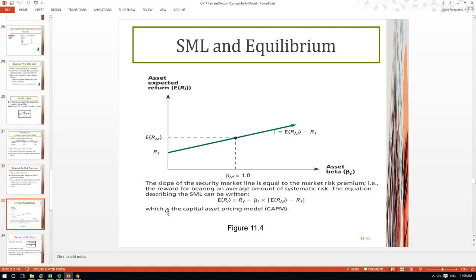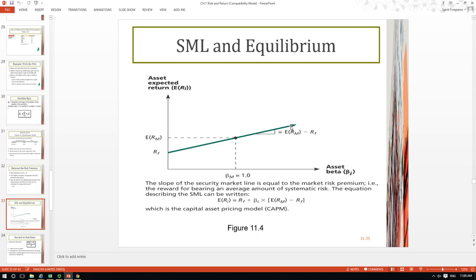All securities are fairly priced, and the risk-return trade-off should all stay on this security market line. Right? So if the risk and return profile for a security is exactly on this dark green line, we say that okay, this security is fairly priced.